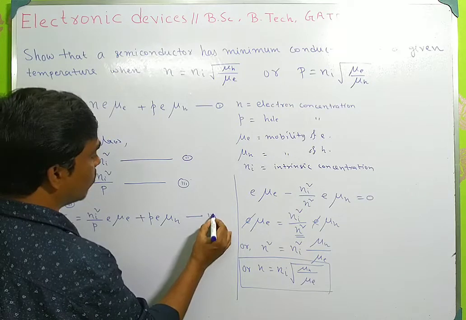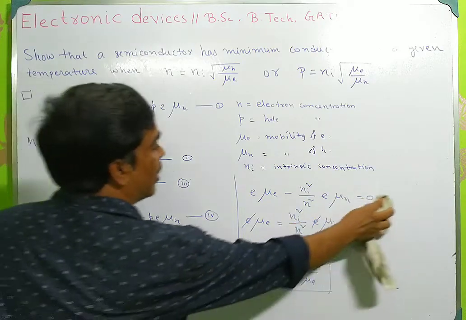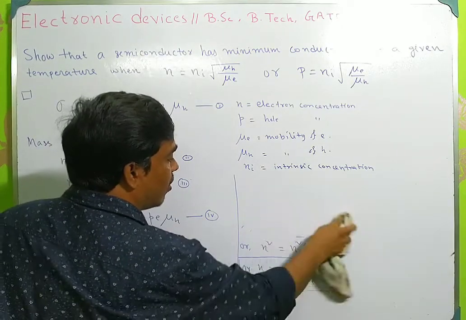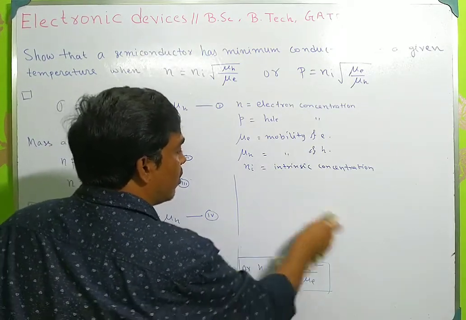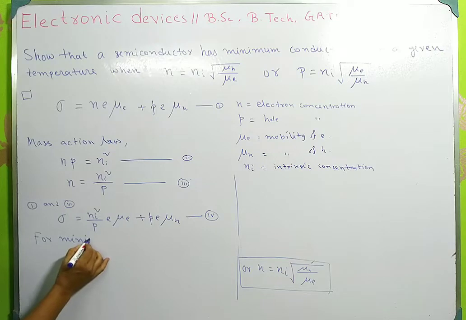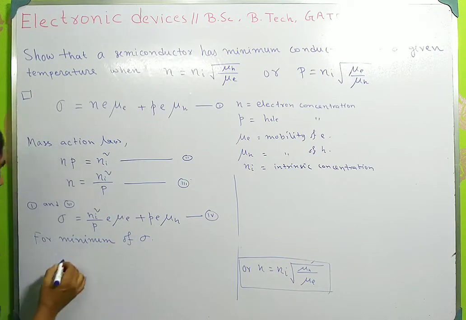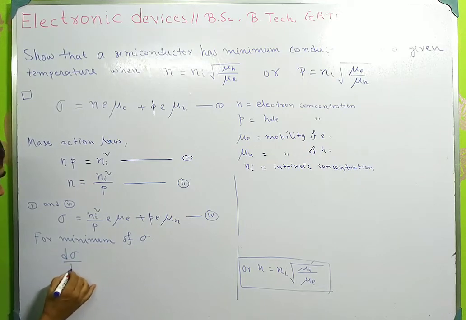This is equation 4. For the minimum of the function sigma, d sigma by dp must equal 0.